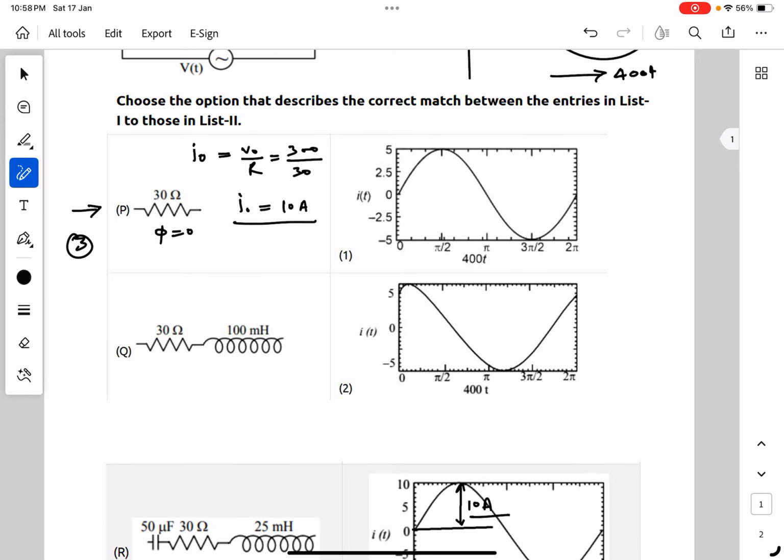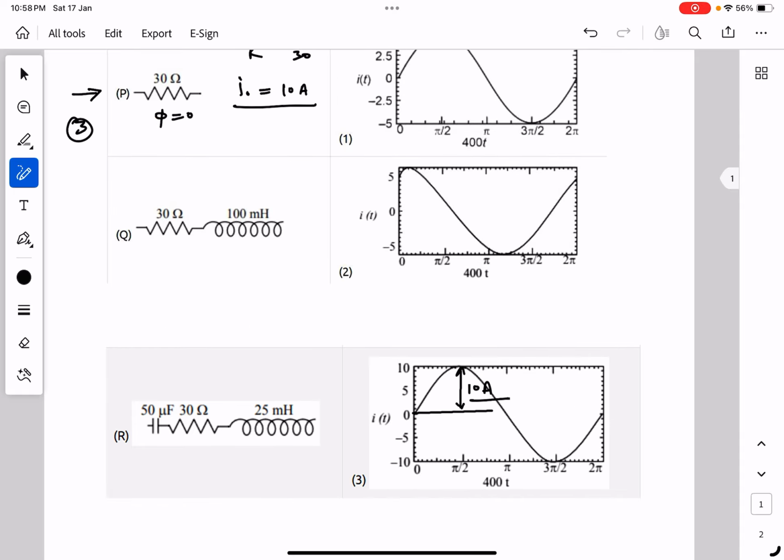Let us take up the next one. In this case the circuit contains one resistor and one inductor. So impedance of the circuit will be equal to root of R square plus omega L whole square. Let us put the values.